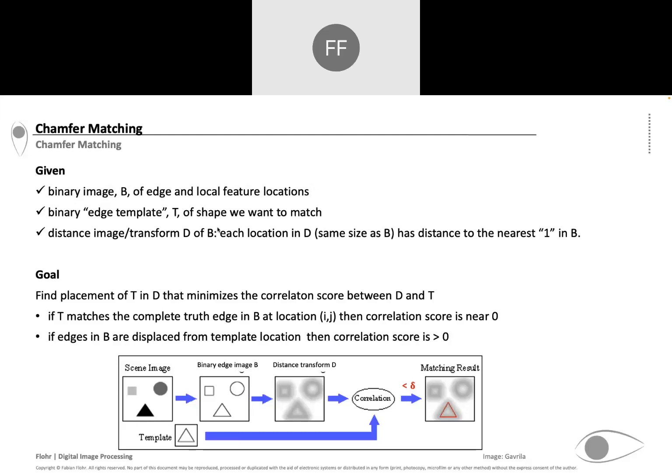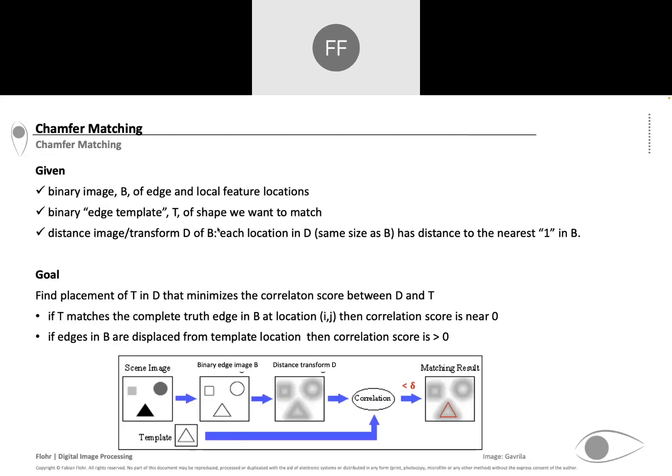And why is it now better? Because we have smoothed out our edges, which are only at one particular point. We make it smoother and allow also a deviation of the exact location, right? So by correlating this image instead of this image, we also get a higher response if we are quite close to the best location, right?